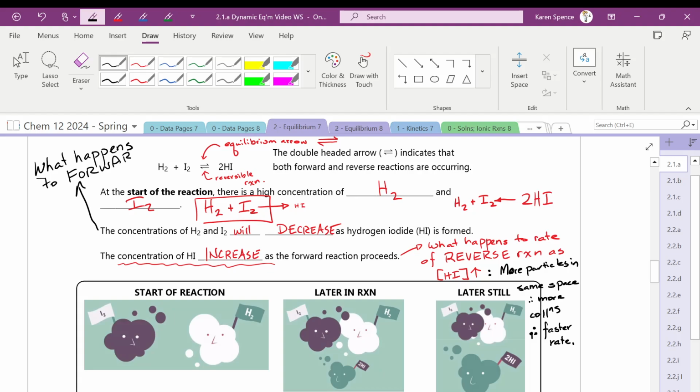Now we're going to ask the other question, because not only are we making products, so product concentration is increasing, but we are using up reactants, so reactant concentration is decreasing. So what happens to the forward rate as the concentration of H2 and the concentration of I2 decrease? Explain in terms of collision theory.